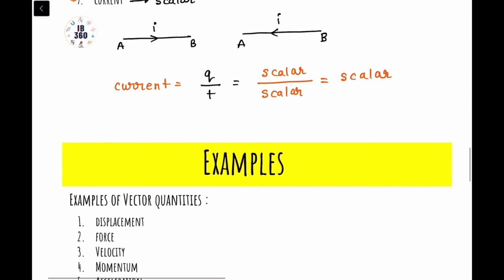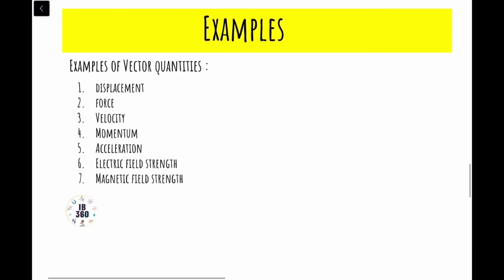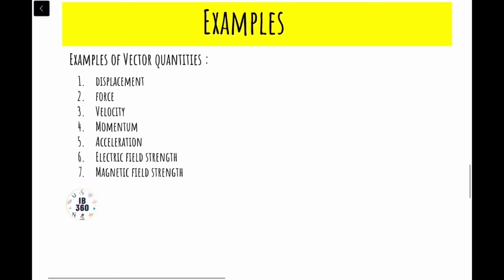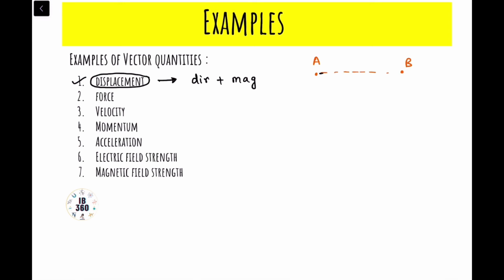Okay, so next just proceed to the examples of vector quantities. First of all you have displacement. Displacement is a vector quantity, because for displacement we need to specify direction as well as magnitude, right? Suppose you are traveling from point A to point B, and suppose the length of the shortest path is 10 meter. So what is displacement?